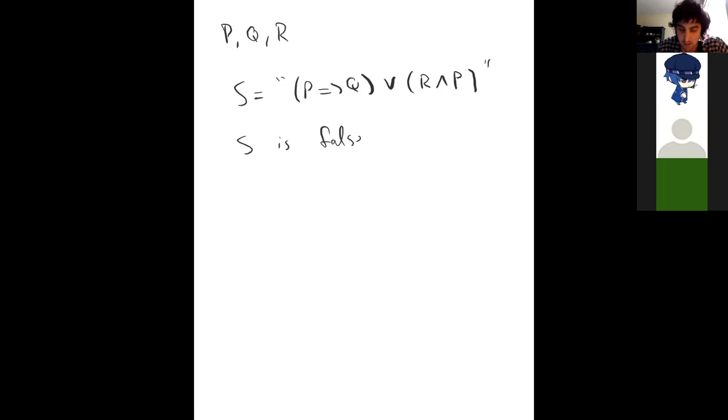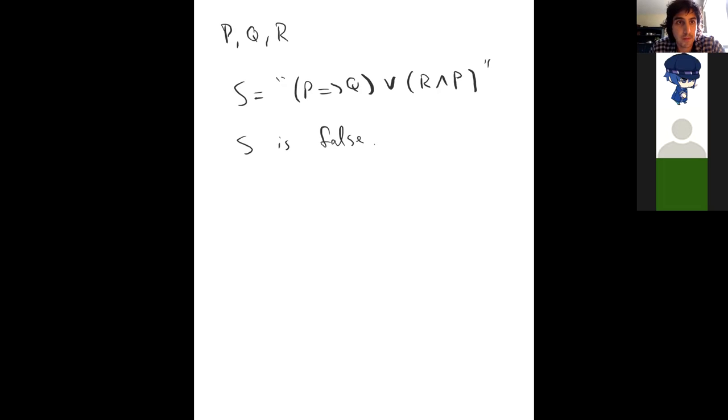Okay, and then the statement is S is equal to P implies Q or R and P. And they told you that this S is false. So if S is false, the question is, what does that mean about P, Q, and R? Are they true or false?